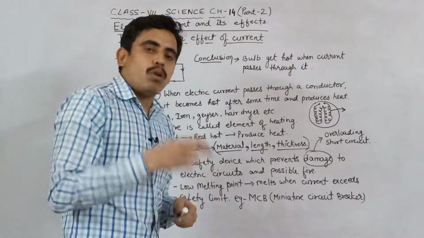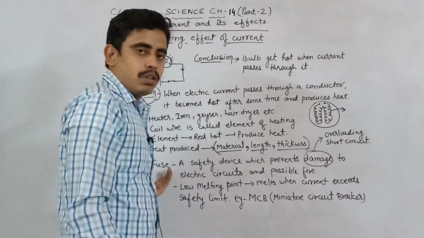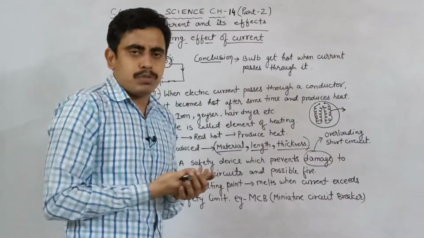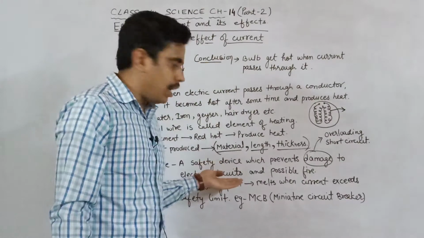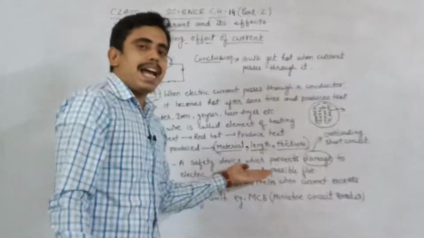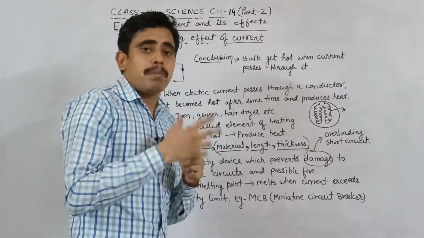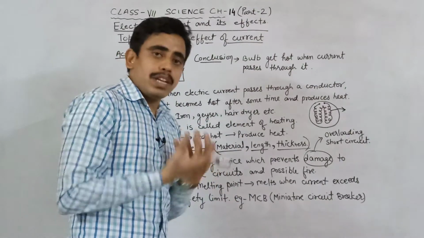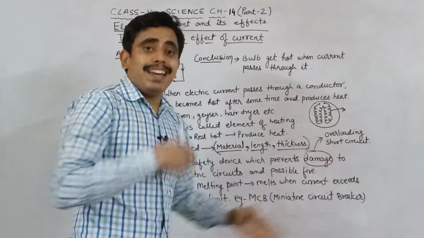This property is also used to make a device known as a fuse, which you have all observed in our homes. A fuse is a safety device which prevents damage to the electric circuit and possible fire. Sometimes, accidentally, a huge amount of current passes through the conductor and it becomes extremely hot, and a short circuit may occur.